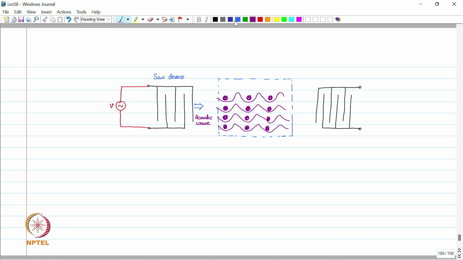So this is the sensing zone where this acoustic wave is traveling. And at the receiving end, this port 2, this acoustic wave will be converted back into electrical signal, which we measure using some voltmeter, or we can apply a load across it.